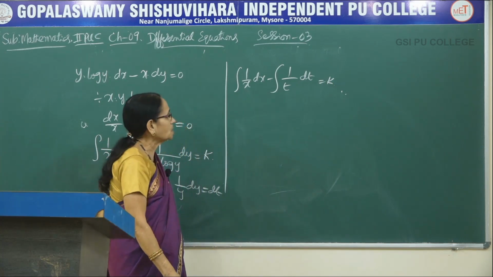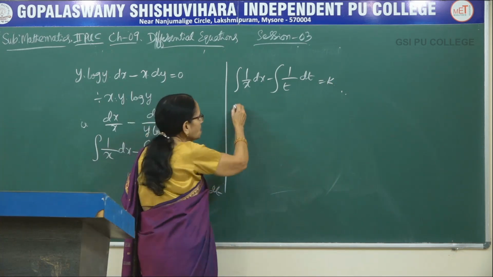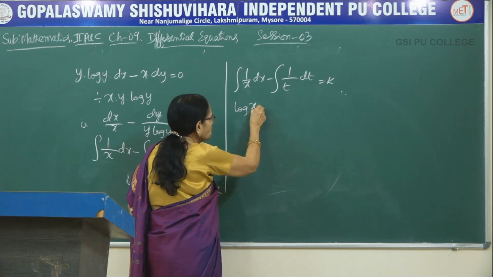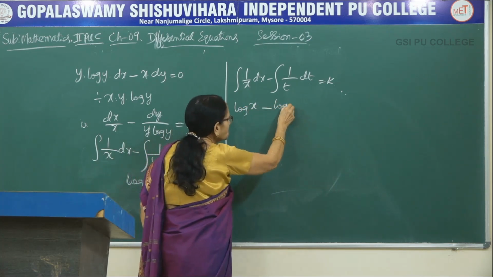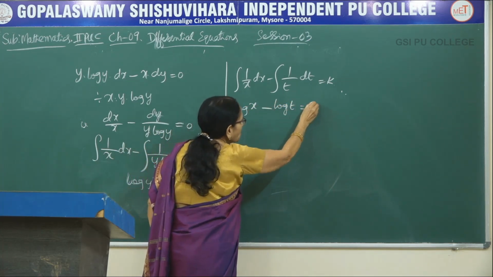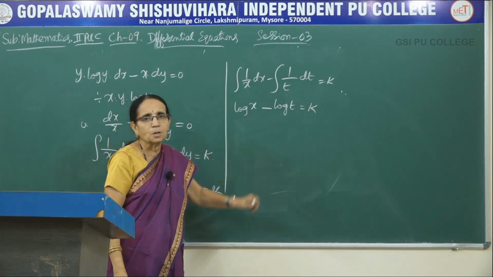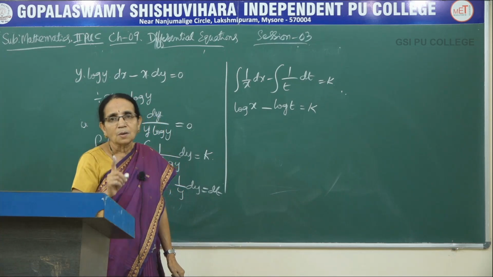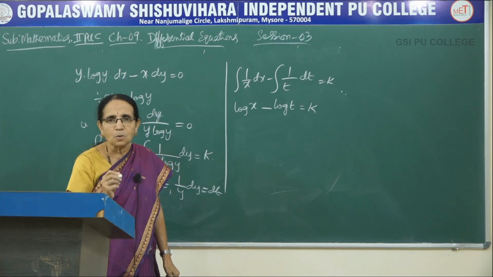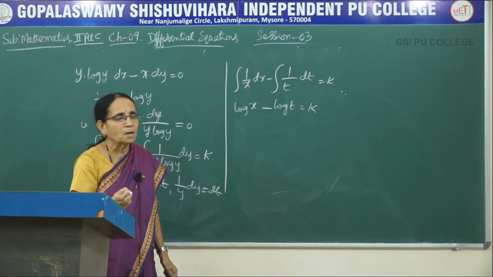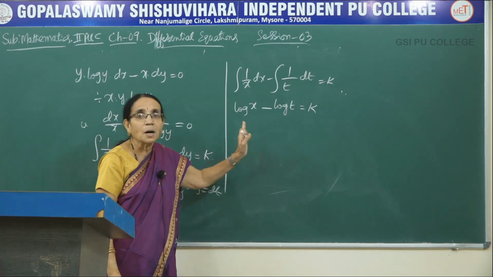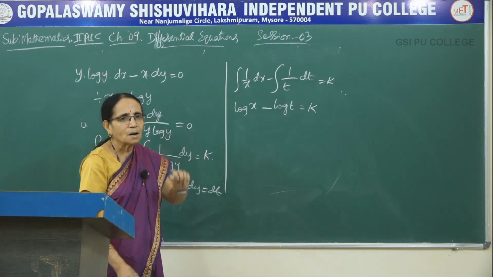Now clearly you see that both of them are logarithmic functions. It is log x minus log of t, that is equal to k. Now in the previous problem we had the positive sign. So I made use of the first law of logarithm. Log of m into n is log m plus log n, whereas here it is log m minus log n. That is the second law of logarithm.